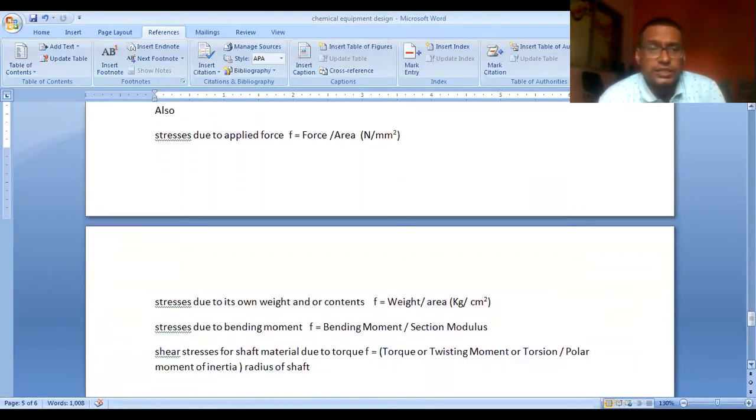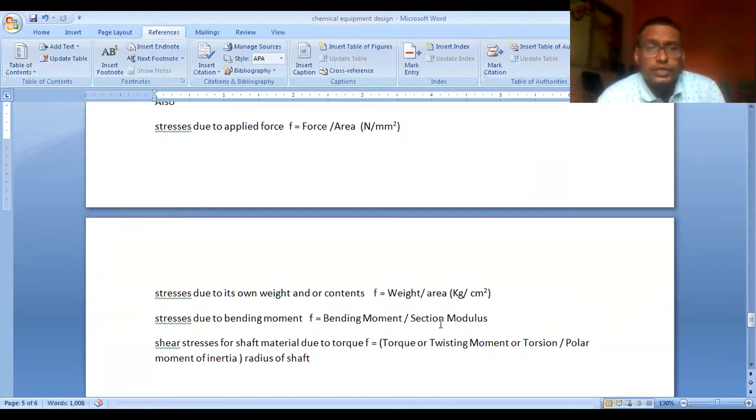Then the stresses due to its own weight and its contents, meaning whatever liquid weight is there, will also be taken into account. Own weight is the weight of the metal of the vessel, and the content means the liquid inside the tank. So the stress F will be the weight per unit area.